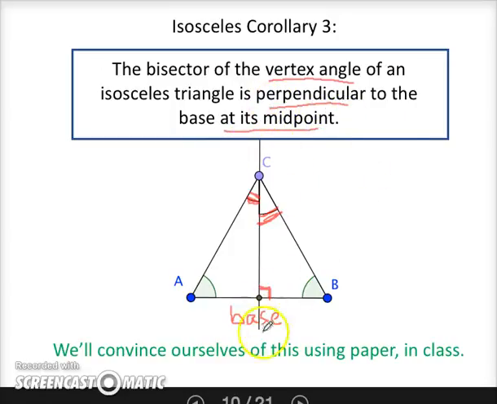We've gotten the fact that this angle bisector is perpendicular to the base of the isosceles triangle, and it's not just perpendicular, but passes through the base at the base's midpoint. In other words, it divides the base into two equal parts. We'll convince ourselves of this corollary using paper in class.